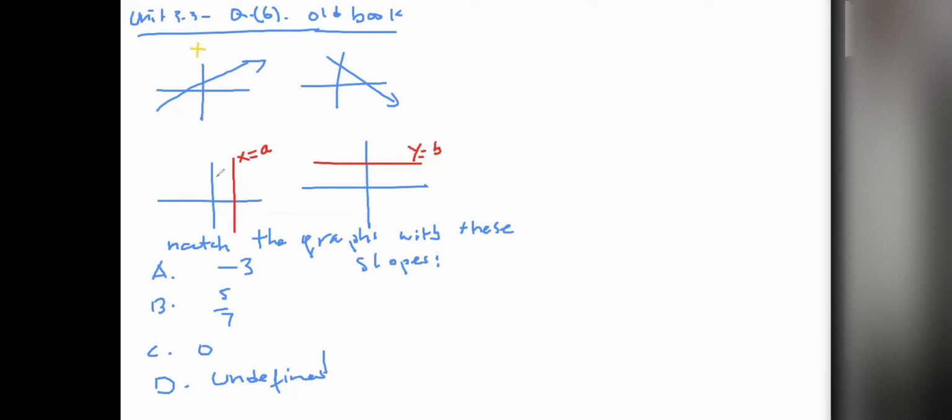Which one of these values matches the graph? B? Say that again? C? No, so 5 over 7, B. That's right, the B. So B is the only positive number here. And since the line rises from left to right, that means the slope is positive.